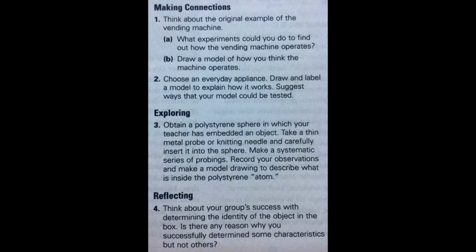Make a systematic series of probings, record your observations, and make a model drawing to describe what is inside the polystyrene atom. Reflecting. Think about your group's success with determining the identity of the object in the box. Is there any reason why you successfully determined some characteristics but not others?